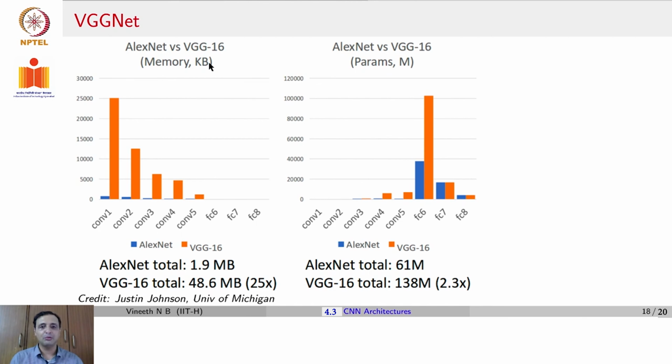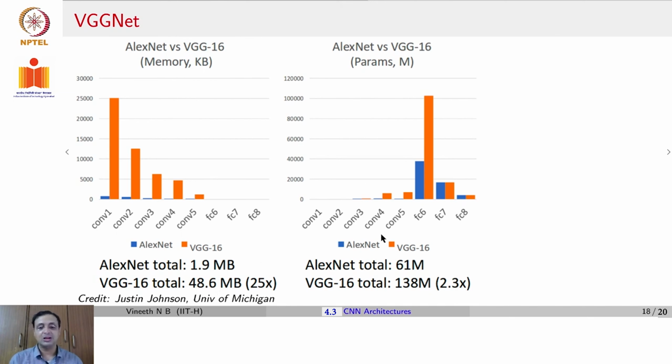Remember again, when we say number of neurons, we mean the size of the feature maps, because every pixel in every feature map is a neuron for us in a CNN. So you can work this out carefully and find that AlexNet has a total of 1.9 MB versus VGG16, which has 48.6 MB of memory.